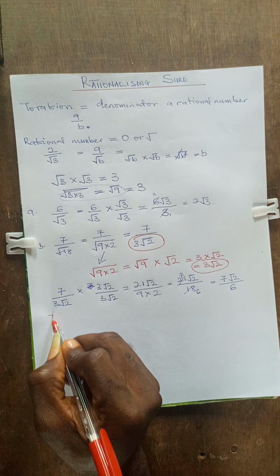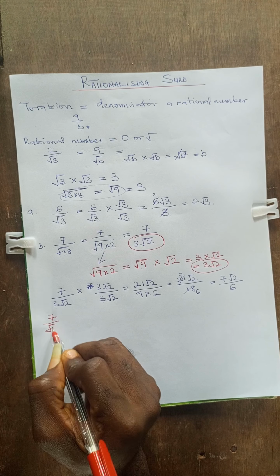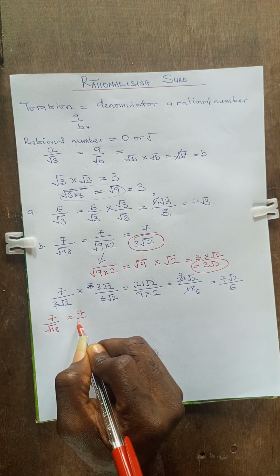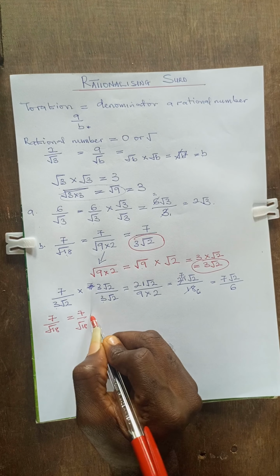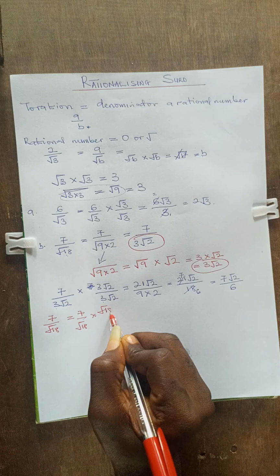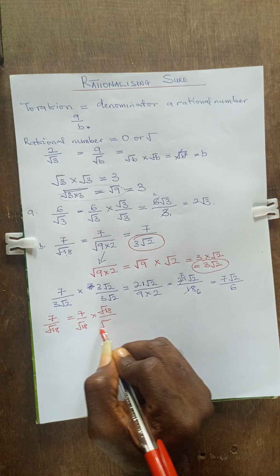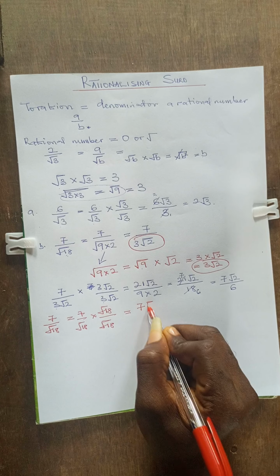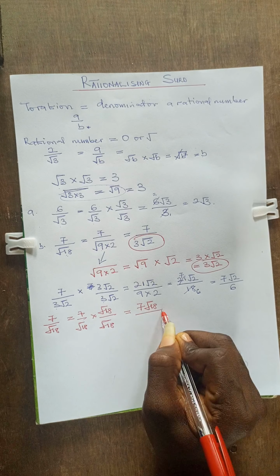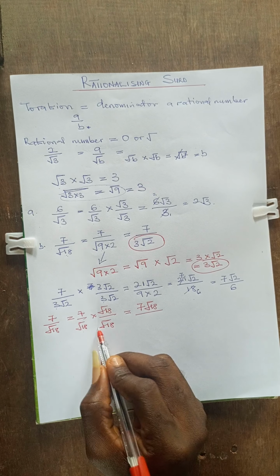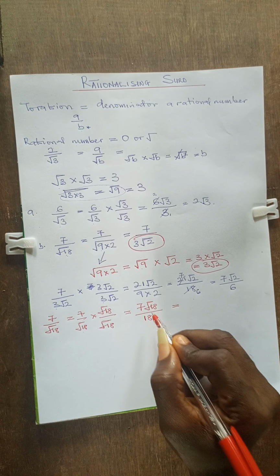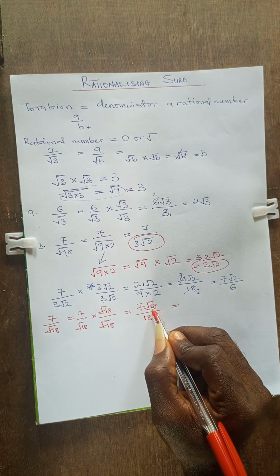So if we go back to 7 over root 18, this go give us 7 over root 18 multiply by root 18 over root 18.